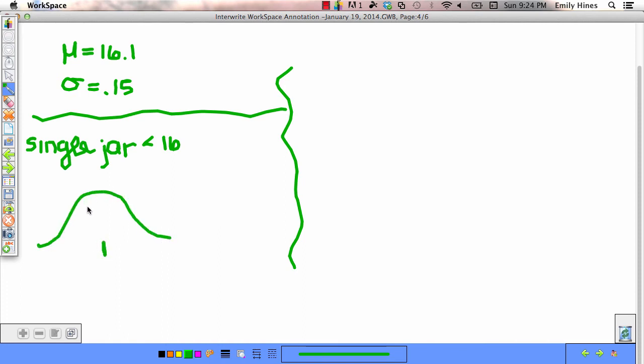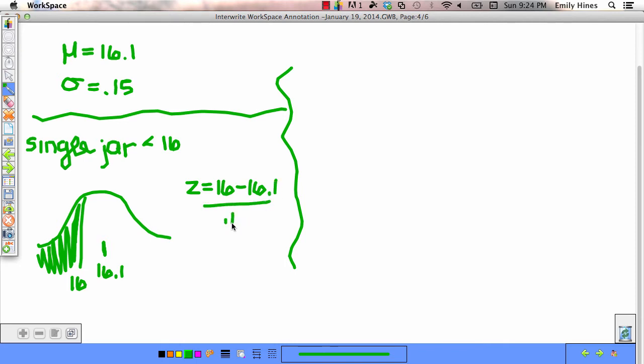Here's my mean, 16.1. Here is 16. So I'm looking for the probability that it's going to be down here. So z is equal to (16 minus 16.1) divided by 0.15, and I get a probability of 0.2525.